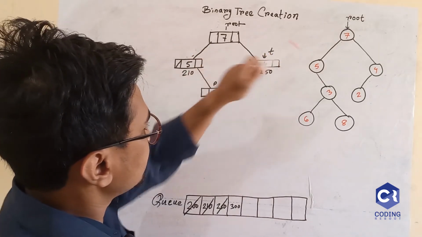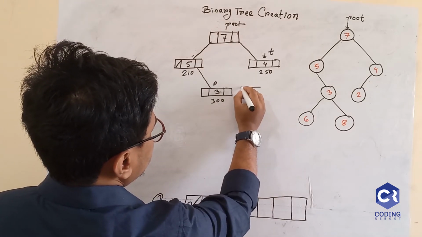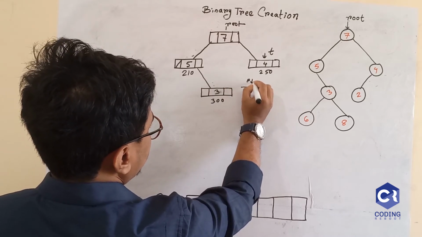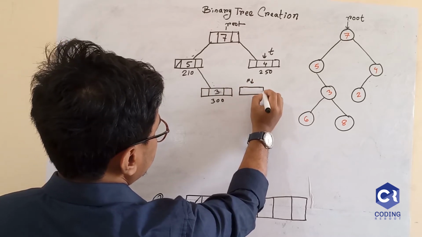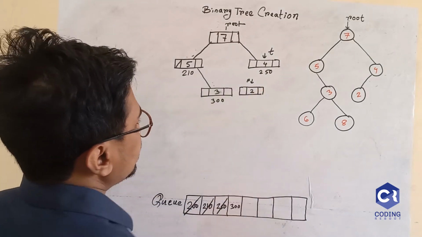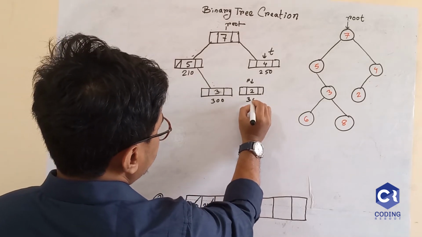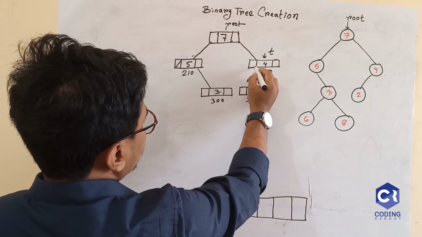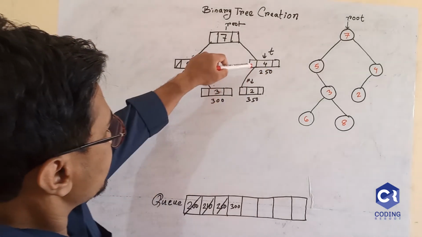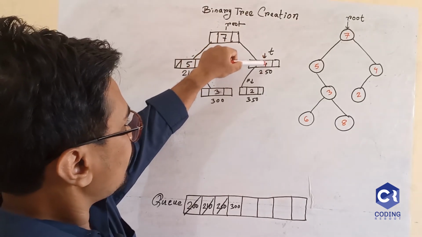Yes, there is a left child. So take this P pointer here and create a new node and insert 2. Suppose the new inserted node address is 350, and we are going to link them like this, and again ask, is there a right child of 4?